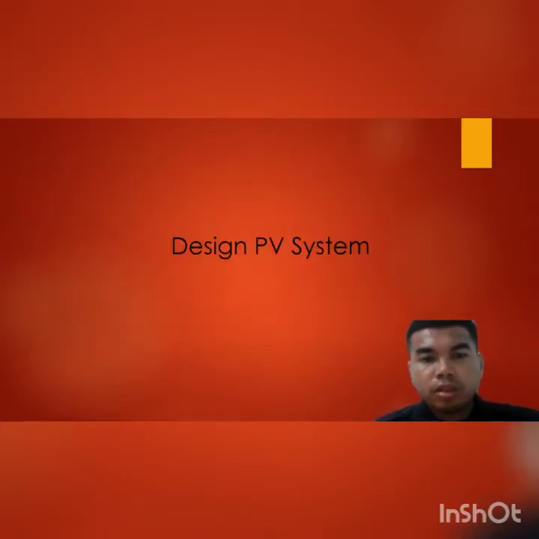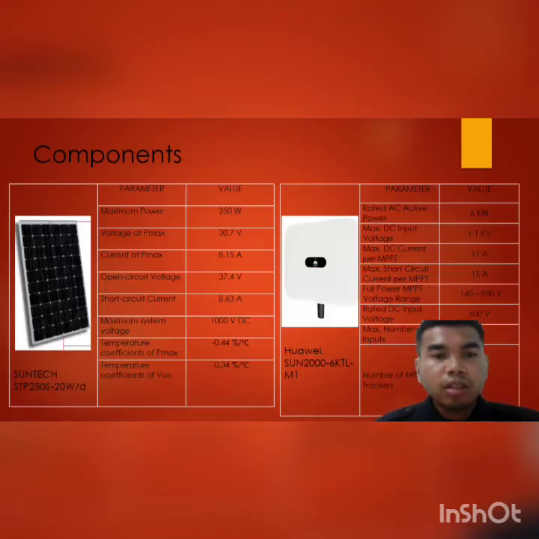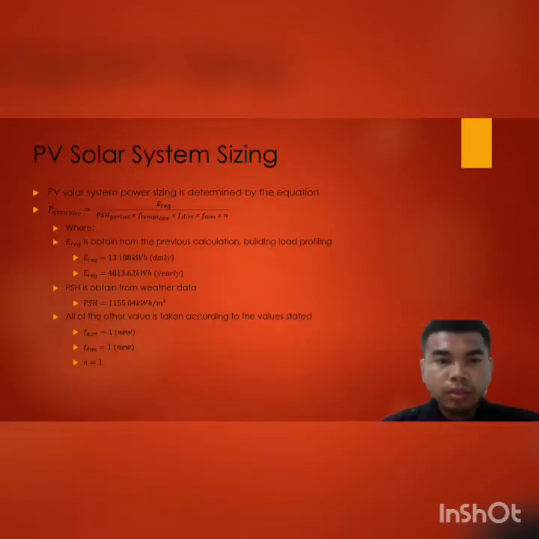So we go to the design of the PV system, which is the solar panel. This is the component, using the datasheet of the Sunset SCP250S, 250 watt for power. This is the parameter and value. For the inverter, Huawei Sun 2000, 6KTL M1. This is the parameter and value. This is the equation for the solar system power sizing.